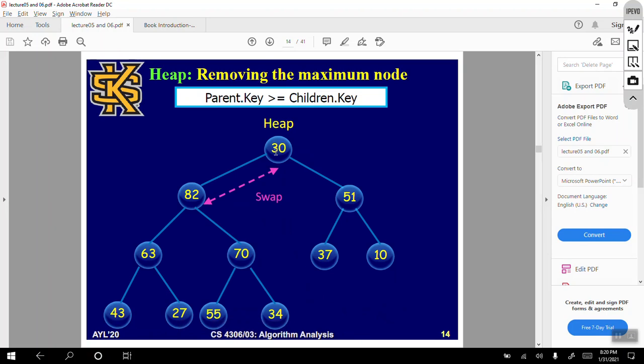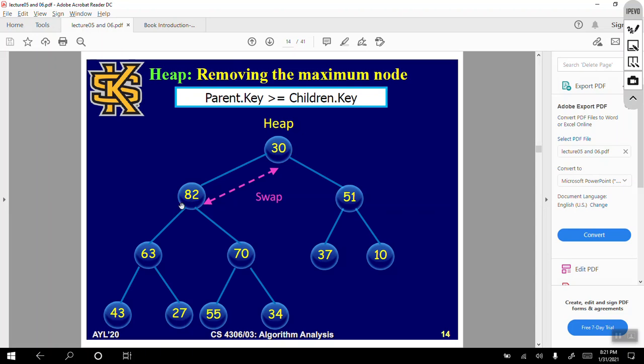So in order to maintain the heap property, we need the root element to be greater than both of its children, left child and right child. Here we see 30 is less than 82, and also 51. But we check the left element first, so 30 will be swapped with this one, and 82 will come over here.